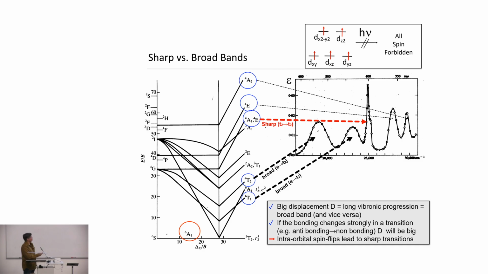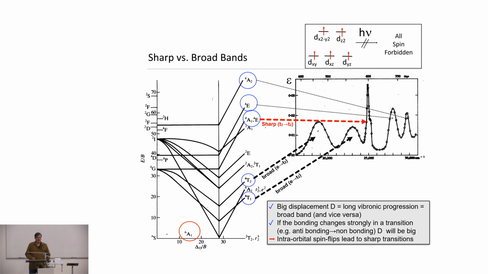But here, that sharp peak is an intra-orbital transition, where you take an electron in one orbital and you just flip its spin. So the configuration is still the same as the ground state configuration. That means it changes nothing in the bonding, and then you don't get a progression. You don't get an excited state displacement. You only have the overlap of the lowest vibrational levels. You get a sharp peak.